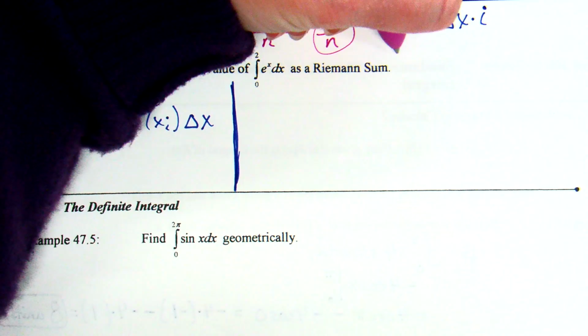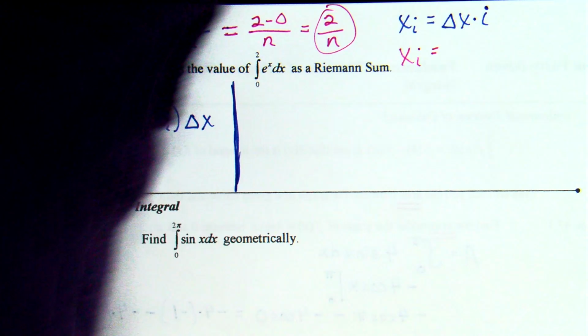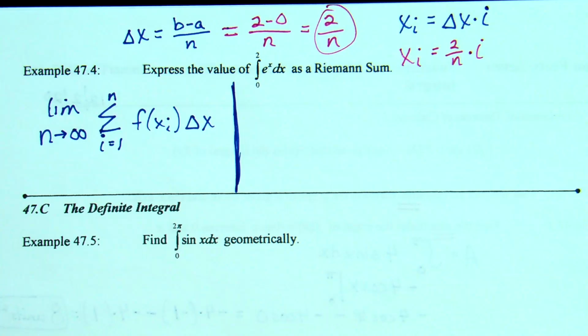So in this particular problem, my x sub i is going to be, well, what's delta x? 2 over n, and then times i, because i represents first interval, second interval, and so on. 2 over n times i can just be written as 2i over n. That's what we're going to use as x sub i.